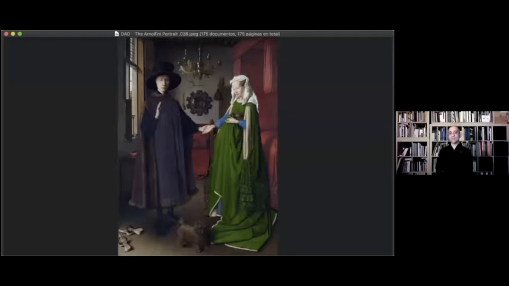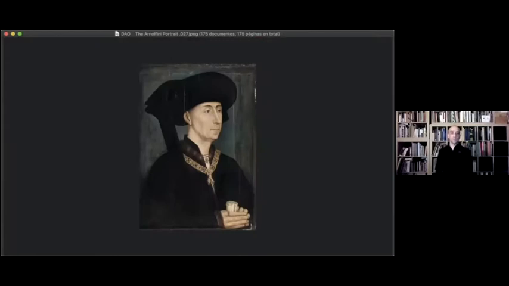Then Panofsky thought it was Giovanni Arnolfini, the richest Arnolfini, Giovanni di Arrigo Arnolfini, the one who was married to Giovanna Cenami, the one who had dealings with the Dukes of Burgundy, Philip the Good. Giovanni was the most prominent member of the Arnolfini family, and eventually he became the treasurer of France. So he was a merchant who really rose in court circles.